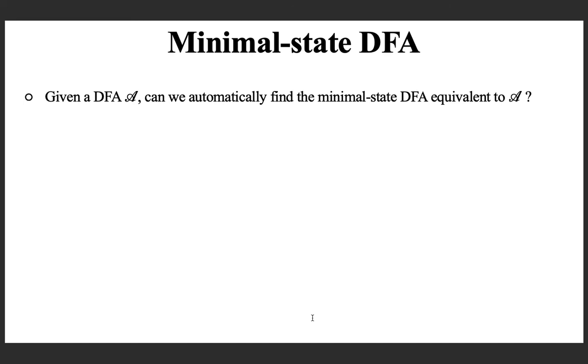It would be nice if we can do it. Given a DFA that may have a large number of states, more than what is actually required, can you automatically reduce the number of states to the maximum possible level? Does there exist an algorithm? It would be nice if the answer is yes.